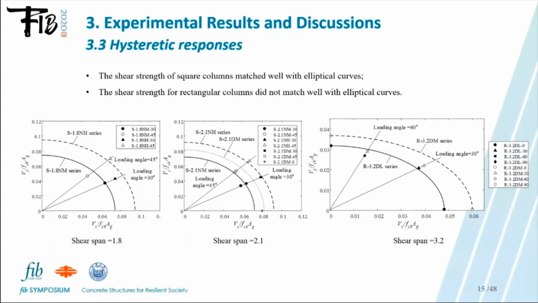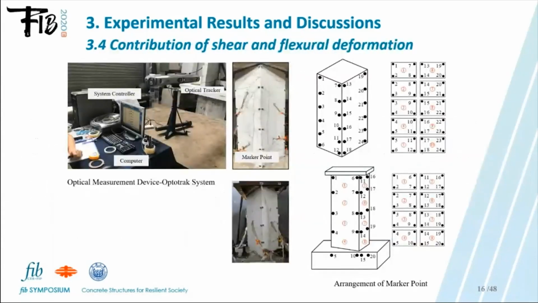For other square columns, there was a decrease of approximately 10% when the angles changed from 0 to 30 degrees, while almost no change was observed when the angles changed from 30 degrees to 45 degrees.